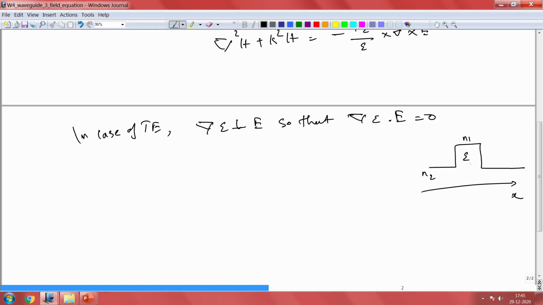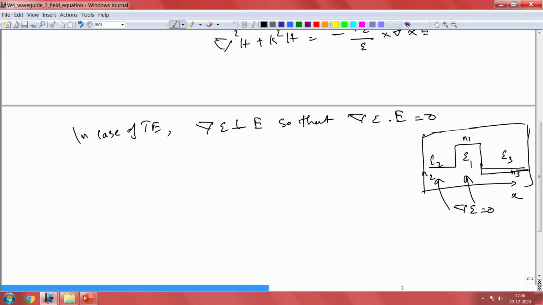So, you will have epsilon 1 here, epsilon 2 here, and for all practical purposes you could also have n3 here if we want. So, within each region delta epsilon is 0, but between the regions it is not. If you look at the whole structure altogether, your delta epsilon is non-zero, but inside the medium delta epsilon is 0 because it is a uniform medium.